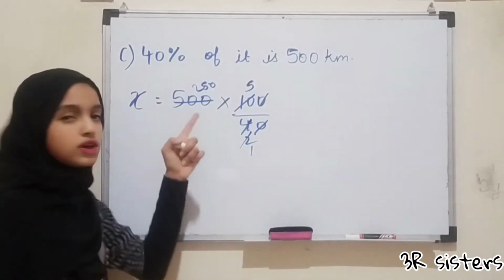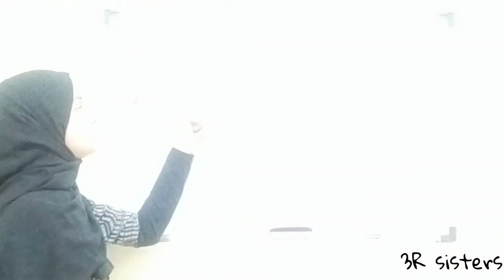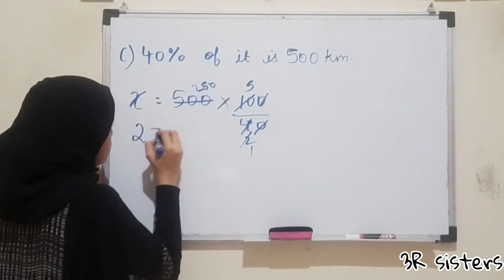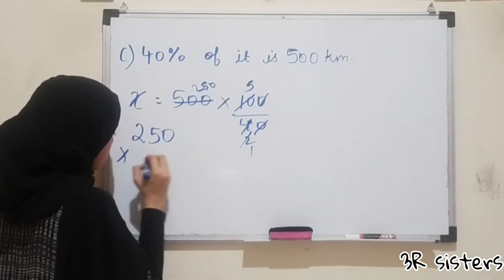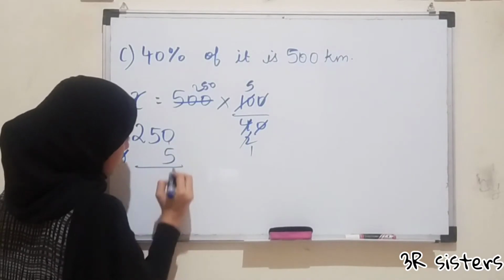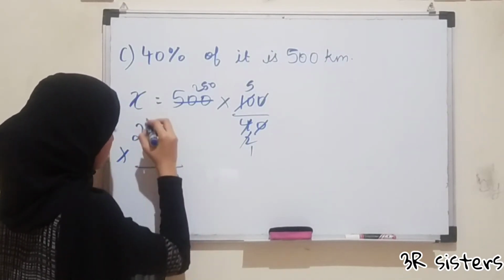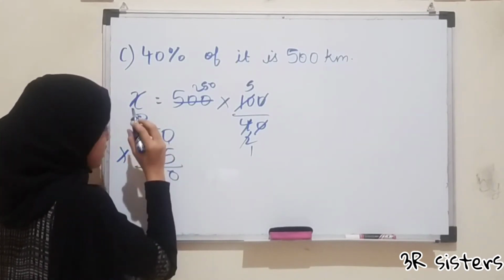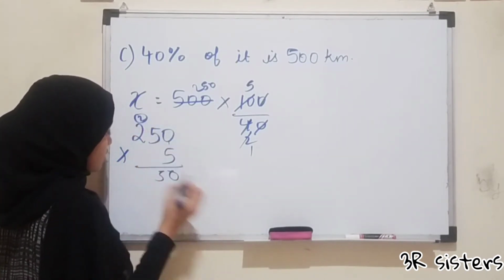Okay, now what is left? 250 and 5. So we'll multiply 250 into 5, which gives us 0, 5 5s are 25, 2, 2 5s are 10, 11, 12.